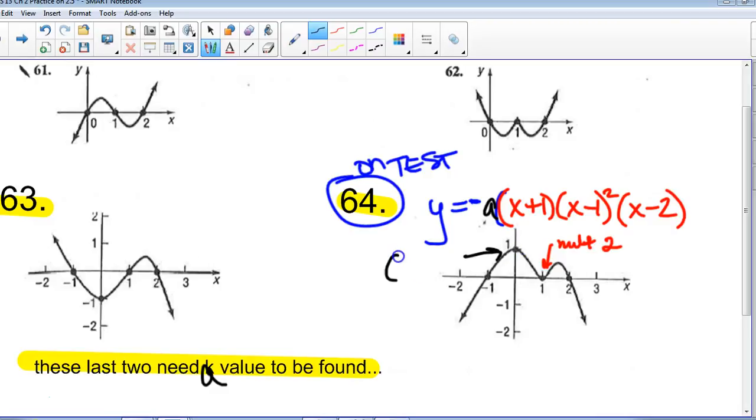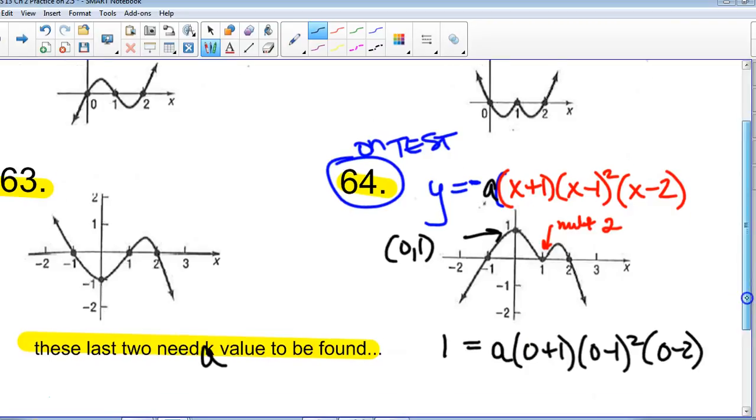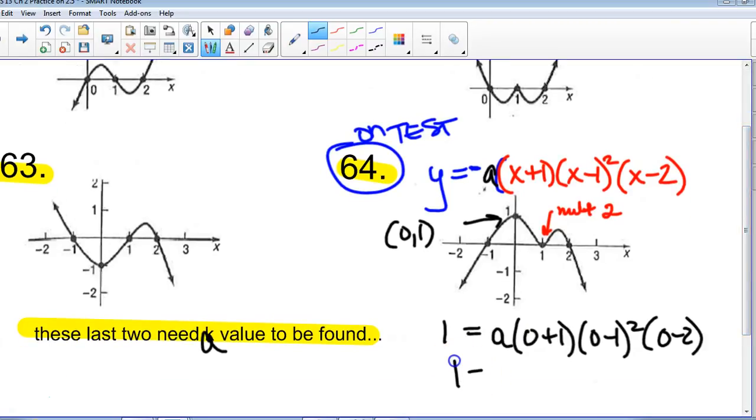What is the name of that ordered pair right there? 0, 1. So if I put in Y equals 1, I can make it a negative. It doesn't matter. It's going to turn out negative. I put in a 0. What do I get? 1 equals negative 2A. So A is negative 1/2.